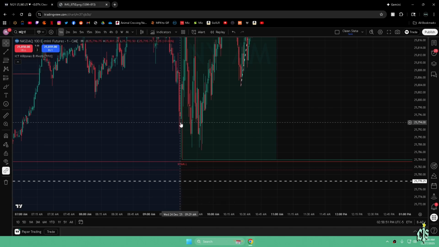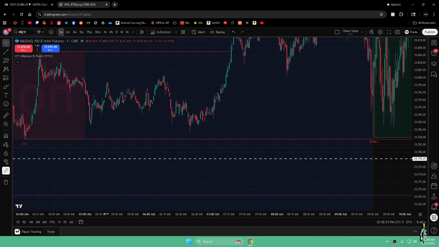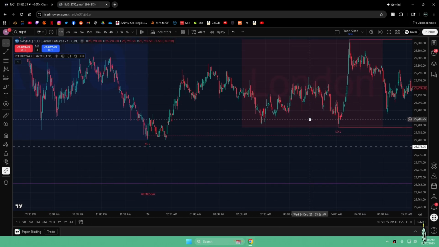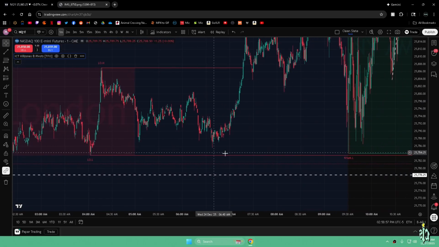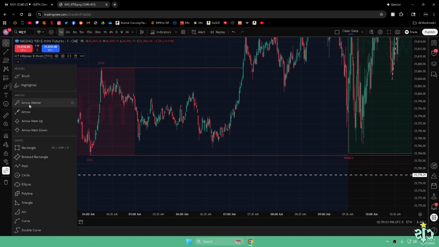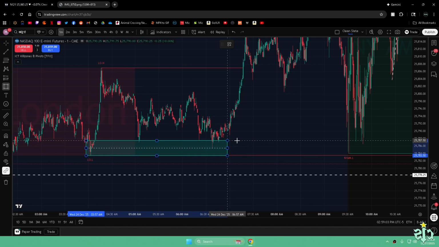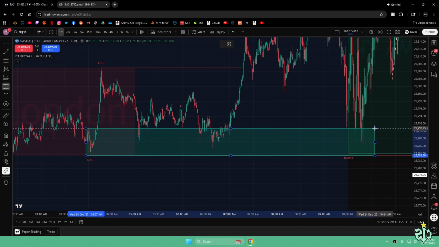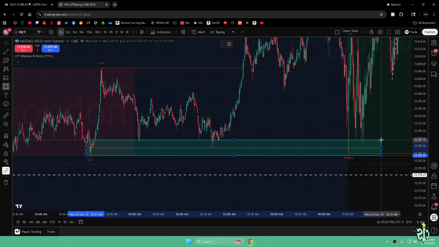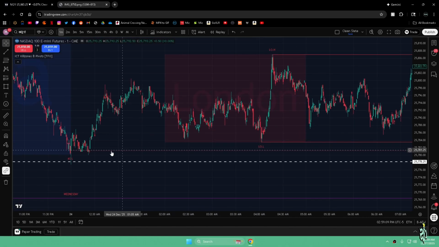And you see these huge wicks. That's because there's an order block that was made here, and an order block made here. So that's why it doesn't go any lower, technically. This order block right here, or that order block over here.